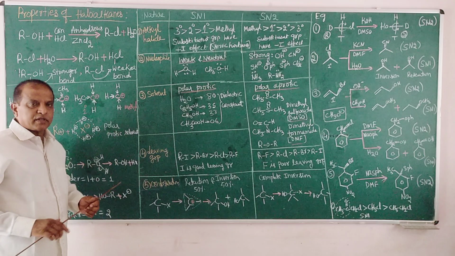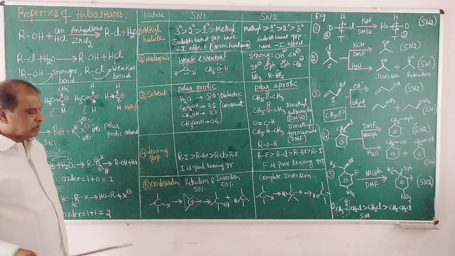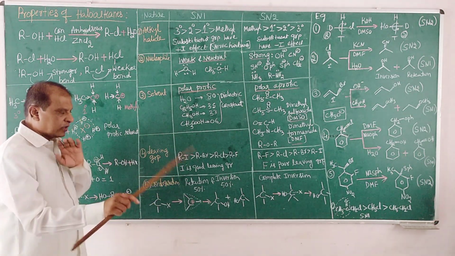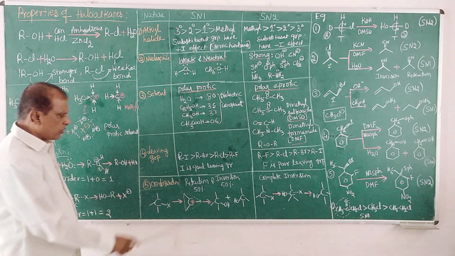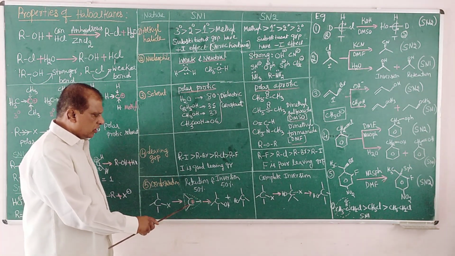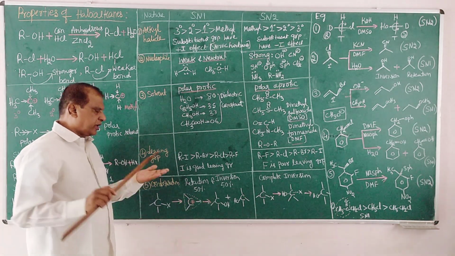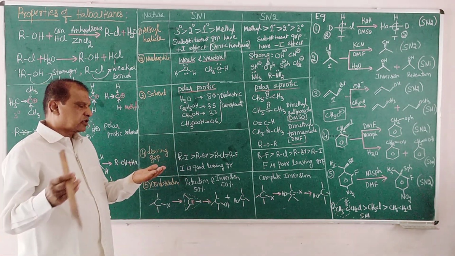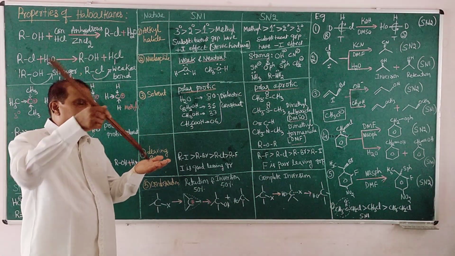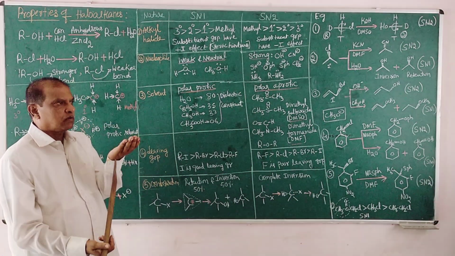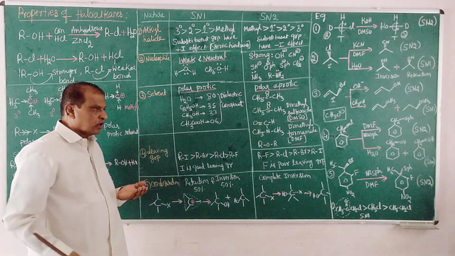What would be the expected geometry? It should be planar, not tetrahedral. We will go to a planar structure like this. Though the carbocation is planar, with the carbon at the center of the plane, it can be attacked either from the upper side or from the lower side. What attacks? The nucleophile.